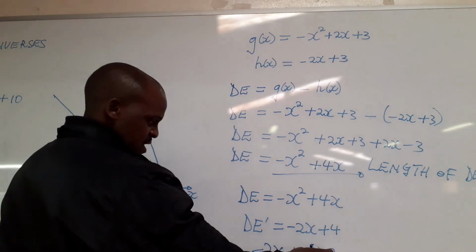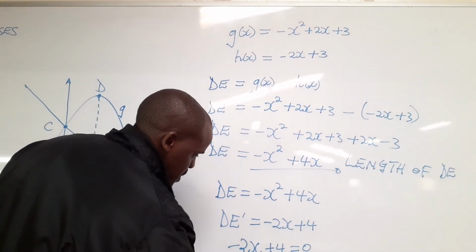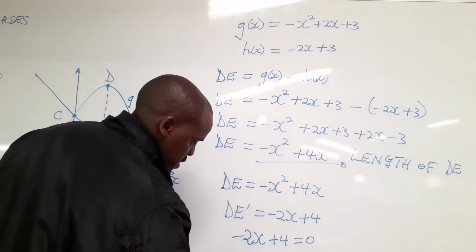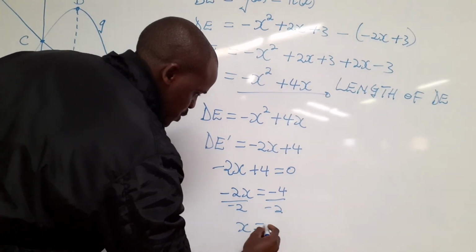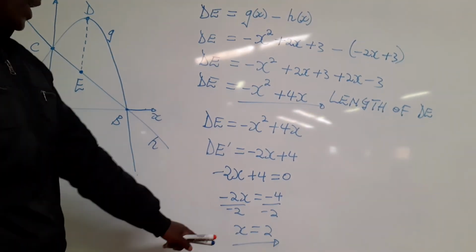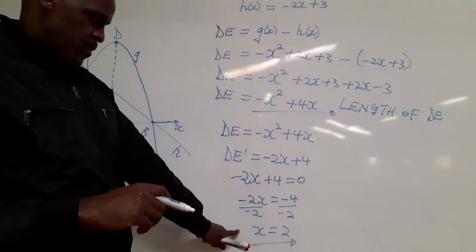We let the derivative be 0. Minus 2x will be equal to minus 4. We divide by negative 2. That means our x will be equal to positive 2. This is the x value at minimum.